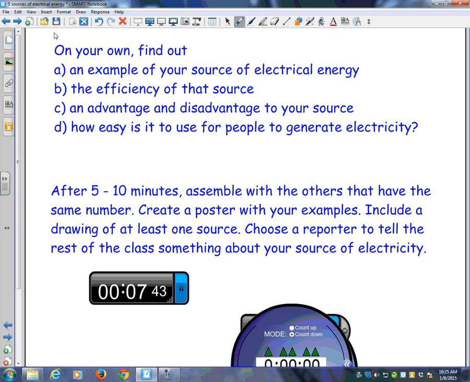There's another one up there. Example. An efficiency or energy efficiency.